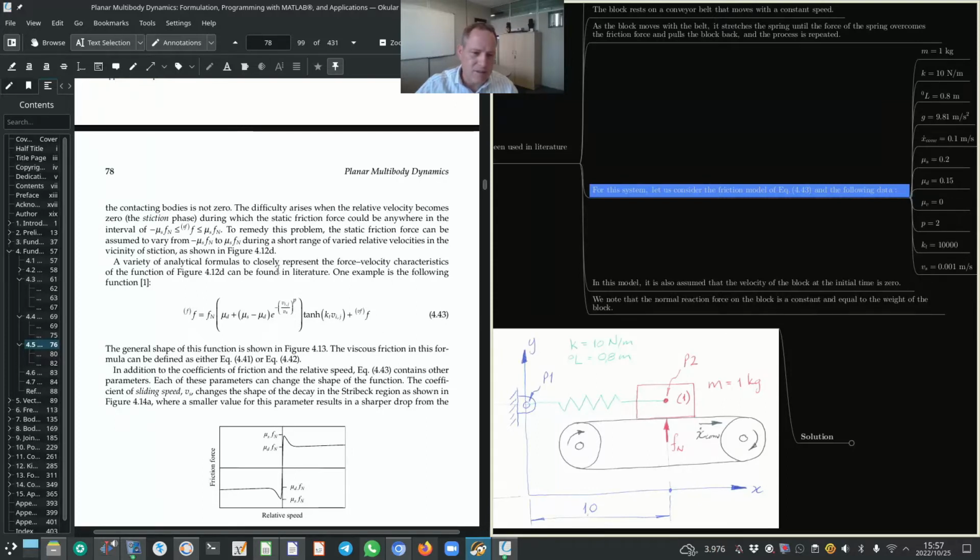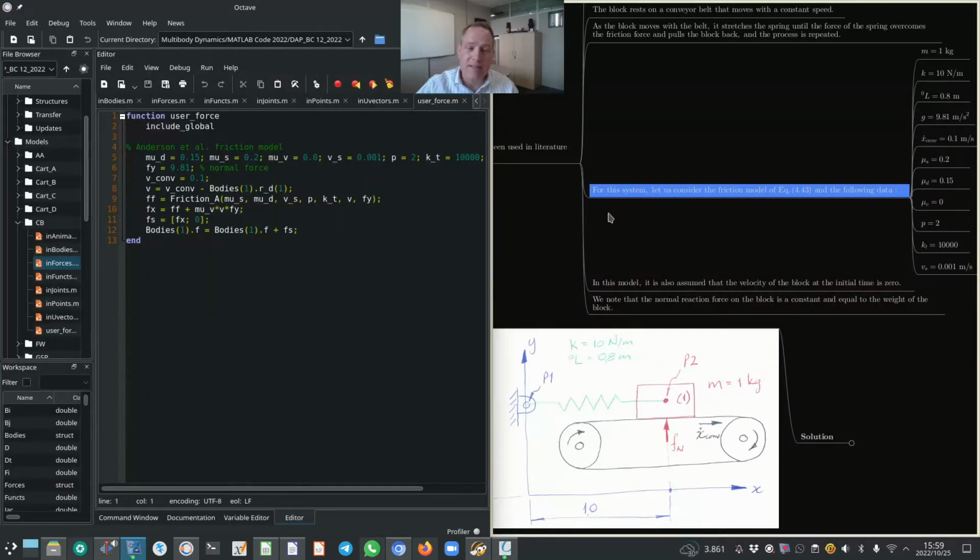What you see on the left hand side of the screen is an extract from Prof. Nikravesh's textbook, Planar Multibody Dynamics, equation 4.43. Anderson and his colleagues defined this friction model in 2007. Now, you can see the way that Prof. Nikravesh implemented equation 4.43 in his DAP MATLAB algorithm.